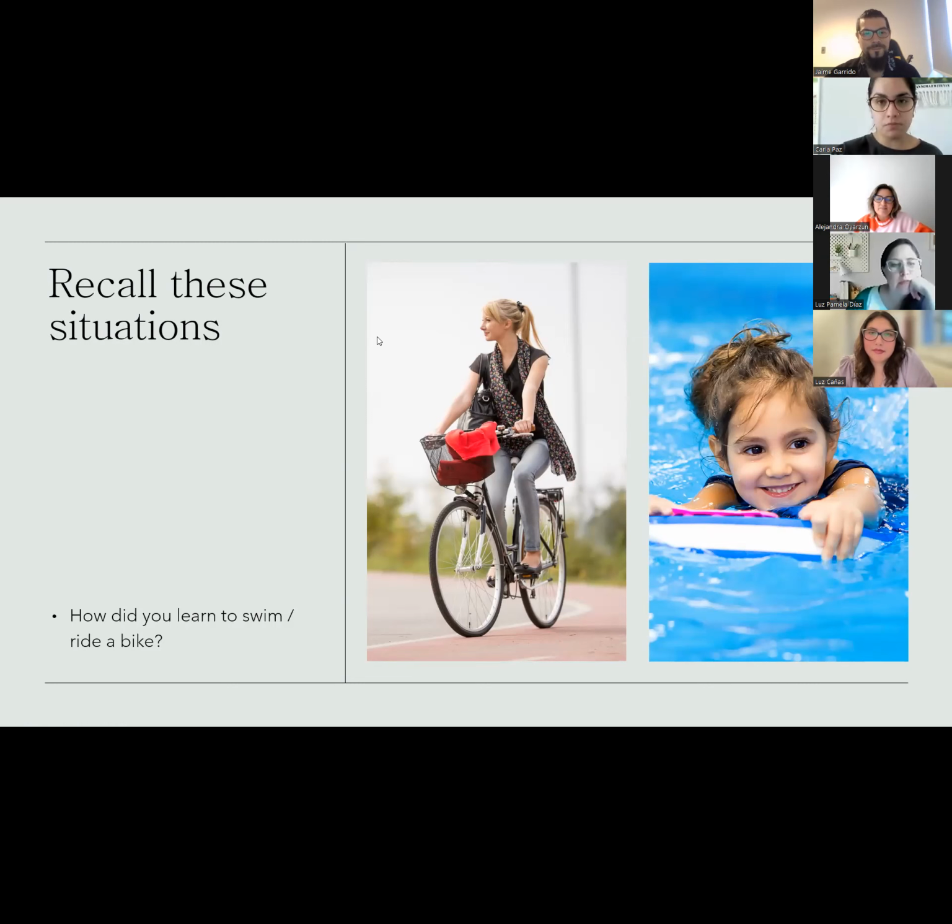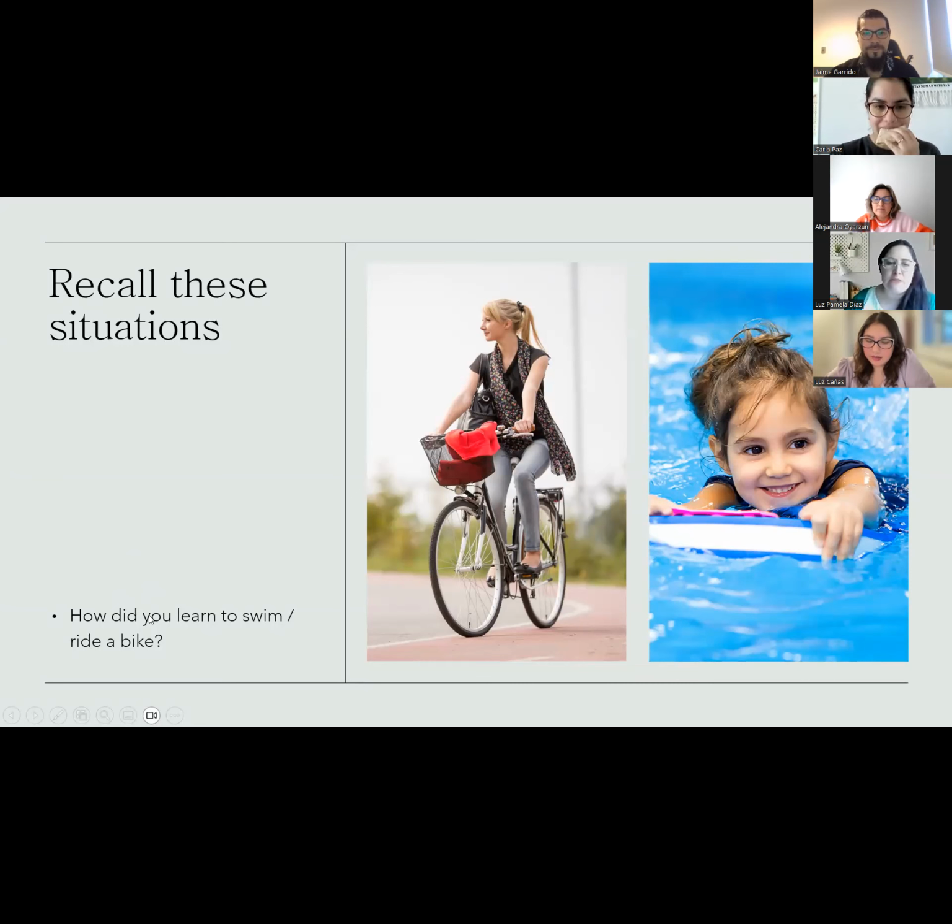I learned to swim when I was very, very little. I don't remember very much, but I do remember how I learned to ride a bike. I remember my father pushing me and taking off the training wheels, so that I would just start riding.